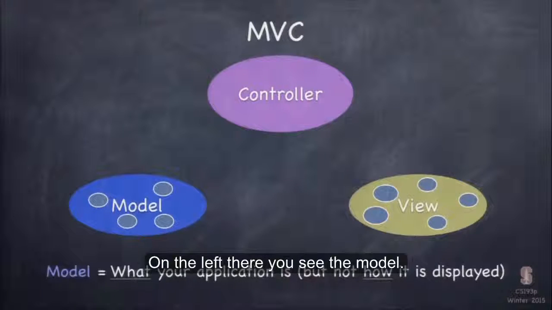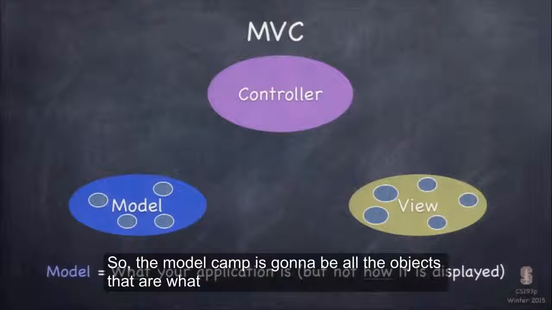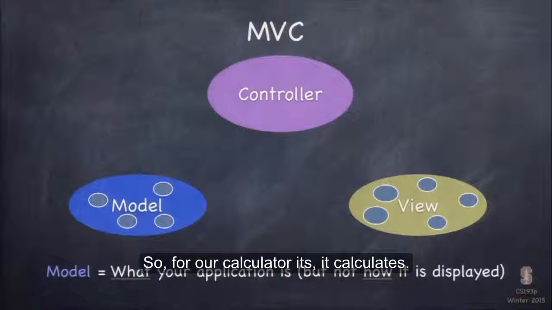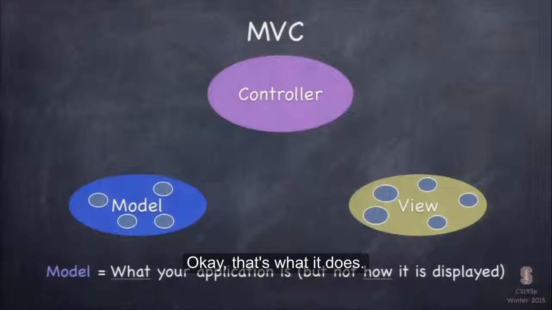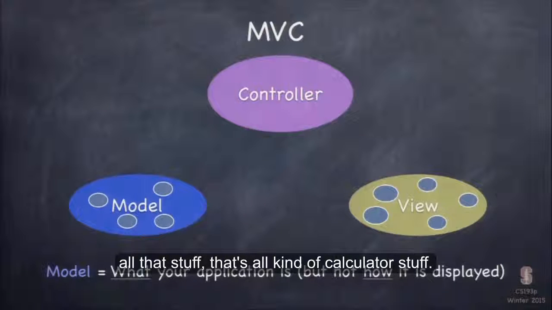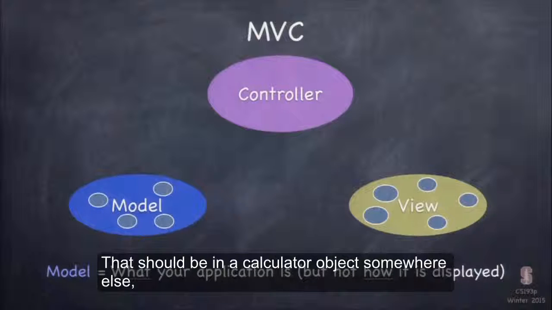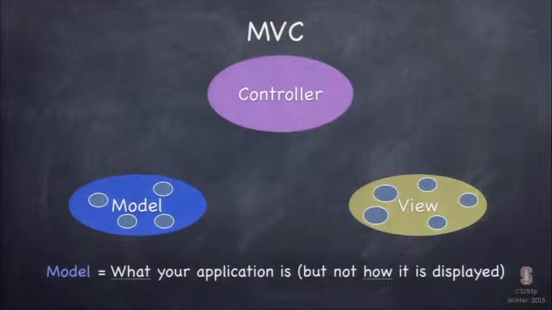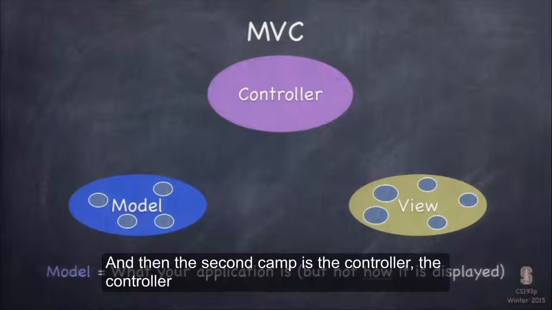On the left there you see the model. The model camp is all the objects that are what your application does. For our calculator, it calculates. That's what it does. All the parts where we're doing perform operation and all that stuff, that's calculator stuff. That should be in a calculator object somewhere else. It shouldn't be in our controller.